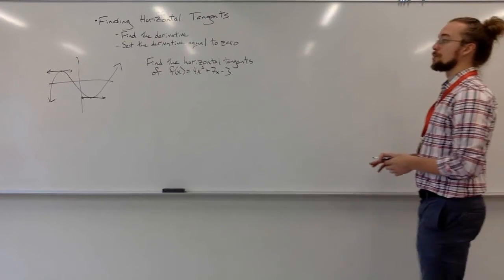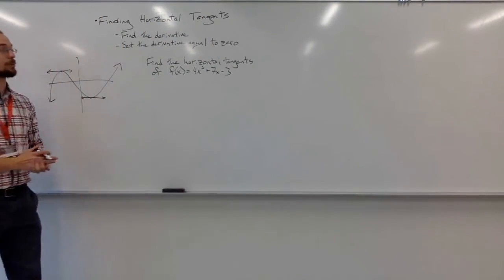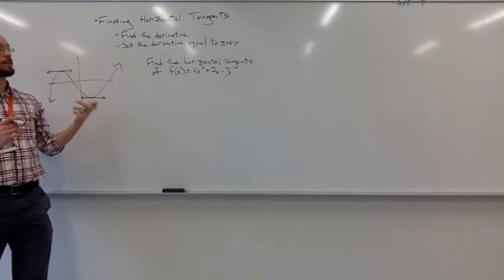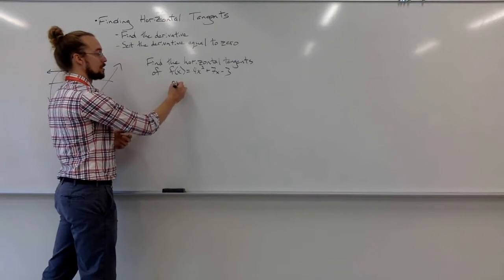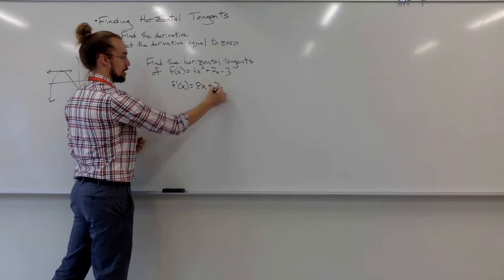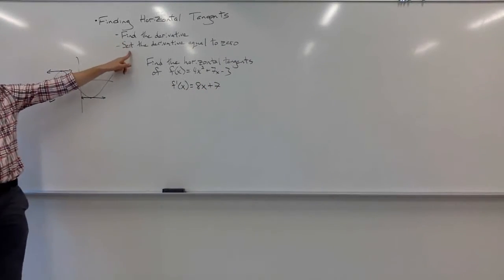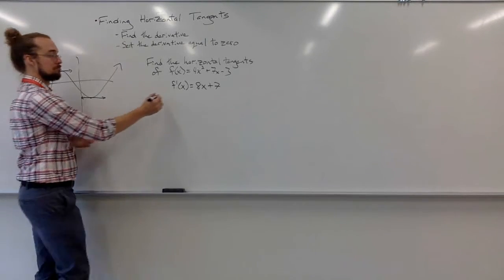My goal is to find the places where the slope is 0, or where the derivative is equal to 0. So the first thing I need to do is find the derivative. What's my derivative here? 8x plus 7.